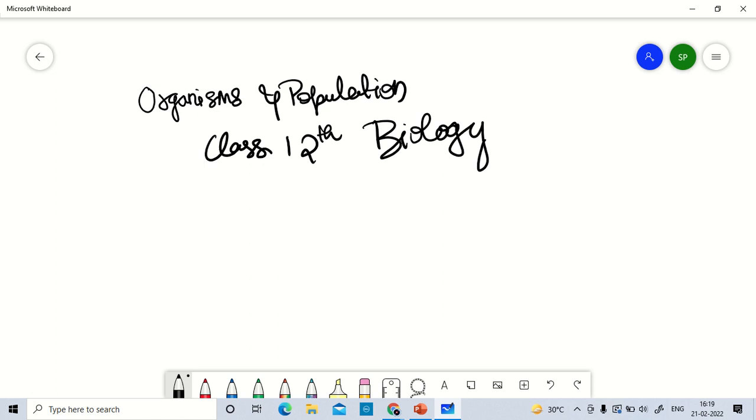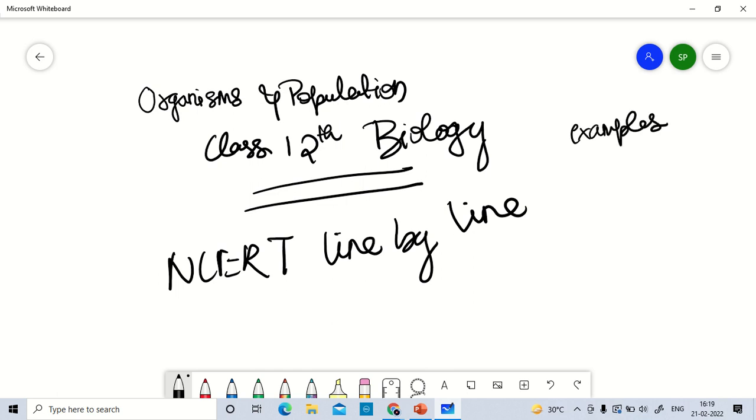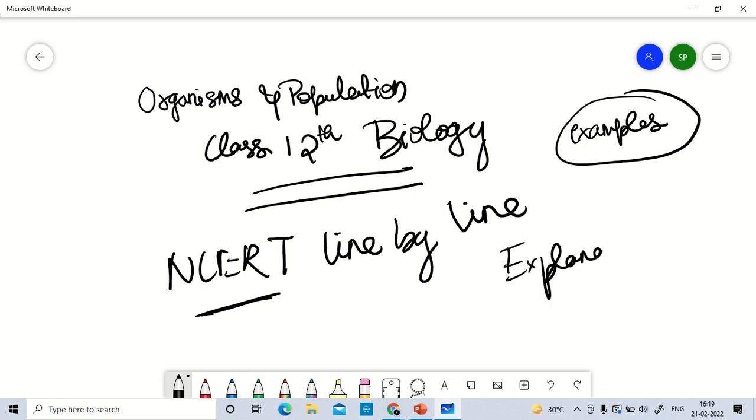So today we'll be doing NCERT line by line, because in organism and population there are a lot of examples. Since there are a lot of examples, I prefer NCERT reading and line by line explanation would be the best.